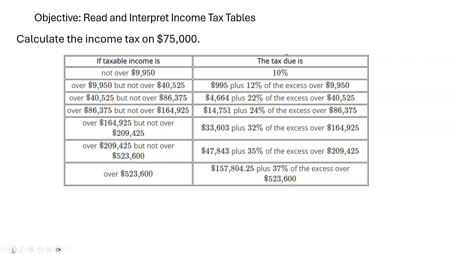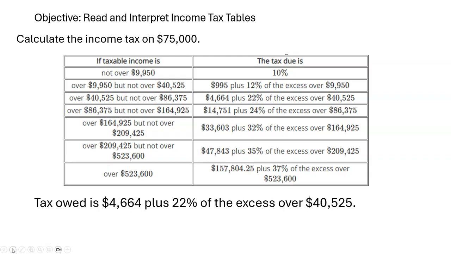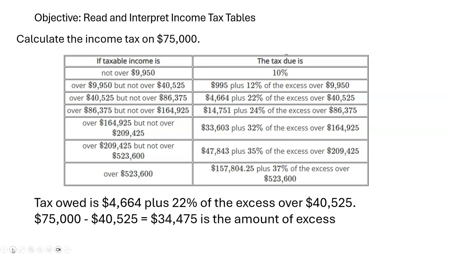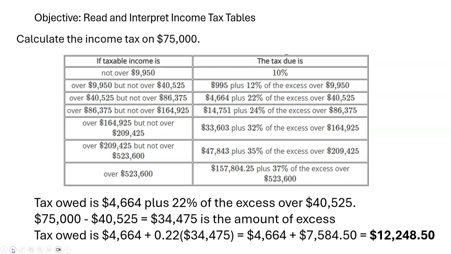So if I want to calculate the income tax on that $75,000, I'm going to take the $4,664 plus 22% of my excess. Well, we know my excess is $34,475. So I'm going to take my $4,664 plus 22%, which is 0.22 as a decimal, times that $34,475.